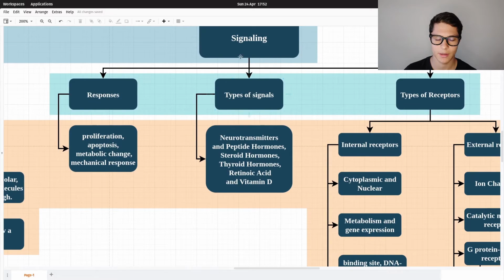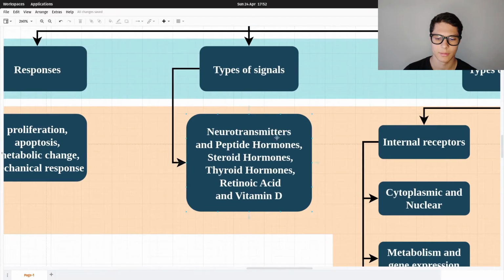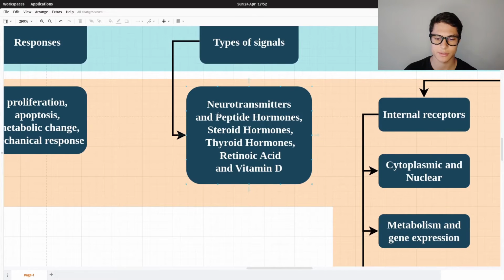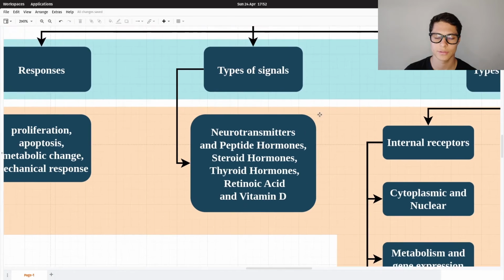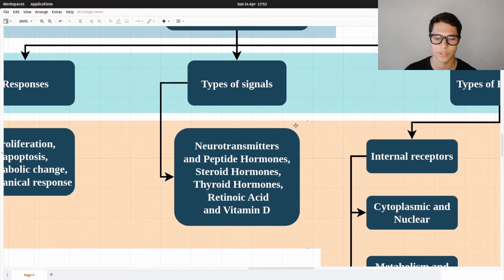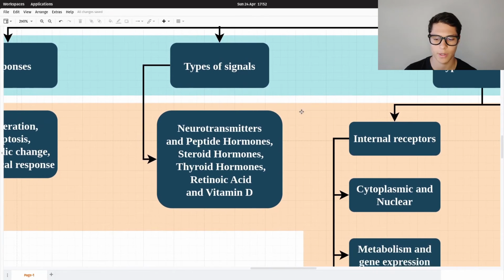So we have here in the types of signals, they can be neurotransmitters and peptide hormones that can go through the nervous system, steroid hormones, thyroid hormones, retinoic acid, and vitamin D. Those are very common types of signals we have in our body.